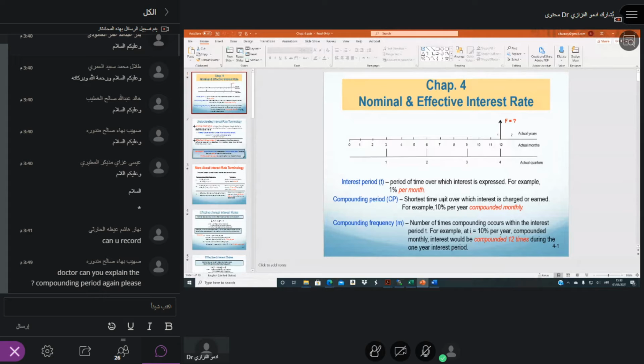But what they do is every month they deduct some amount from your salary. So this monthly deduction is known as the shortest time that they are compounding. That is the interest compounded monthly. The compounding frequency is the number of times they take it in a year.